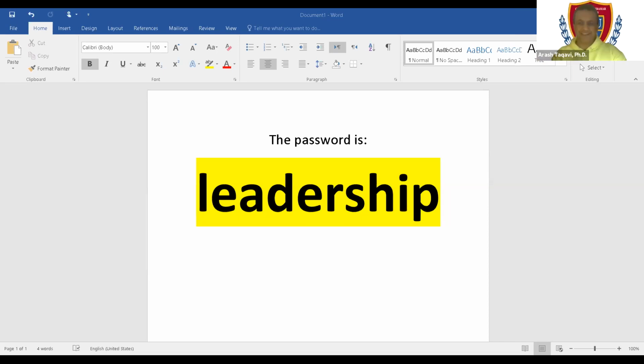But wait, what is the password? Leadership. Is it not all capital letters? No, small letters. Yeah, small letters. Okay, let me see.